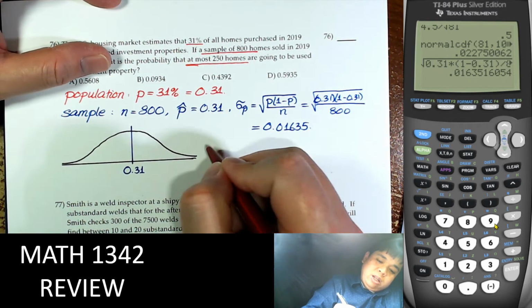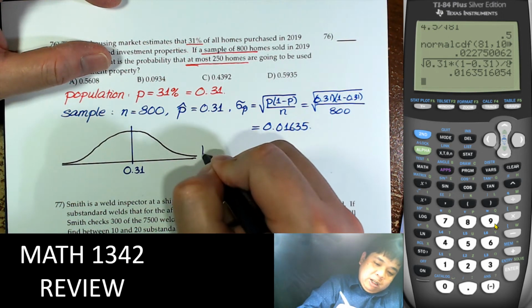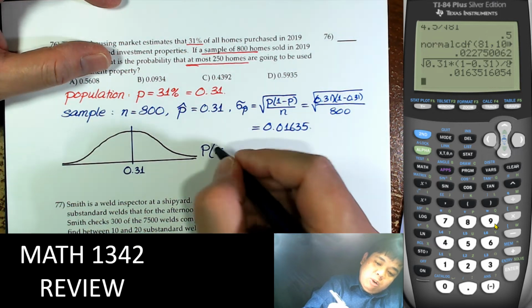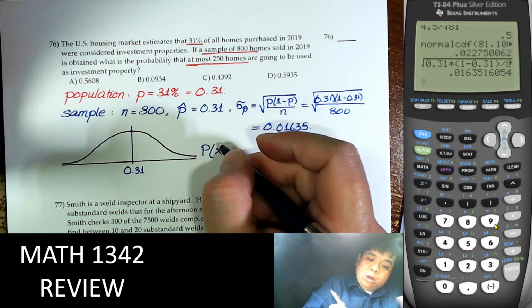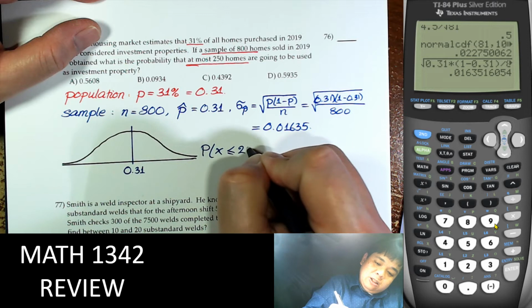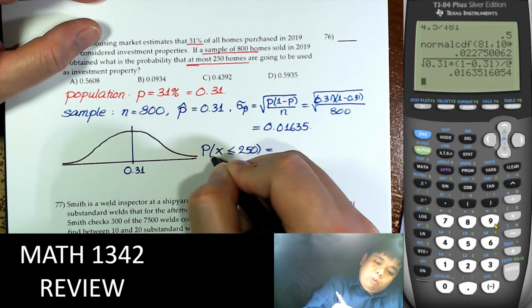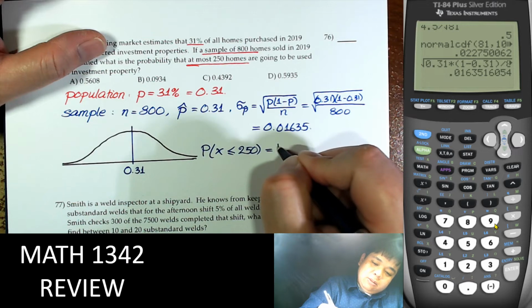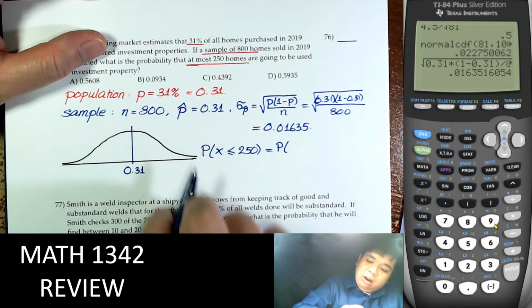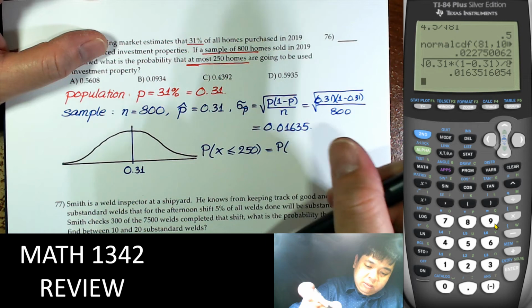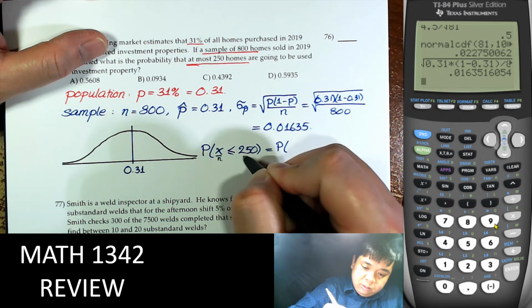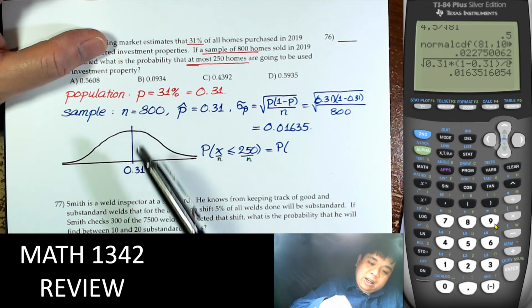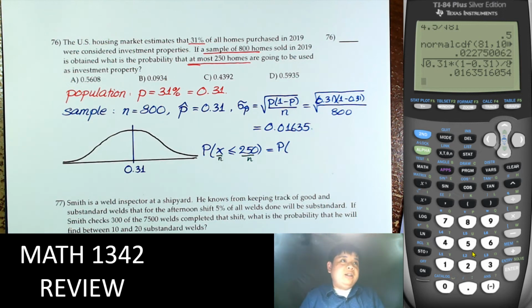So we say the probability that x will be at most, meaning equal to that or less. Or if we divide by n on both sides, in this case 800, 250 divided by 800.